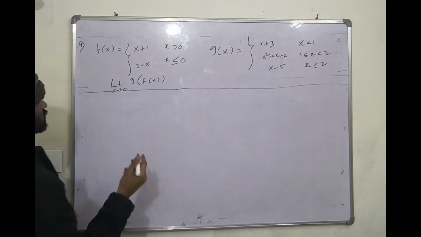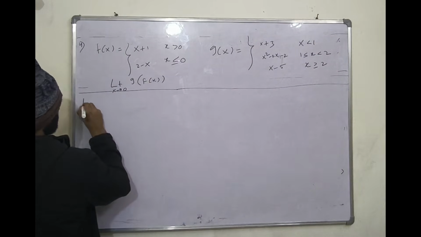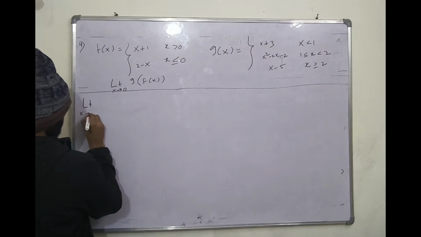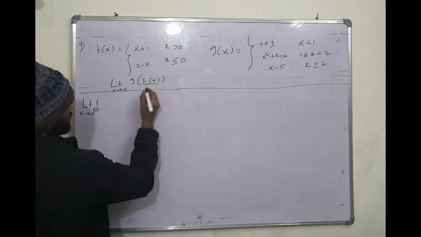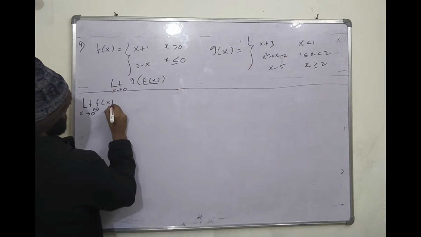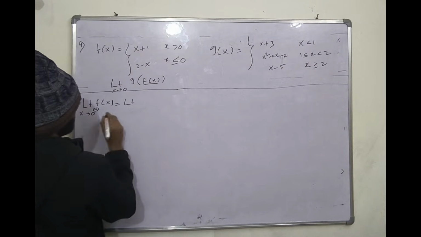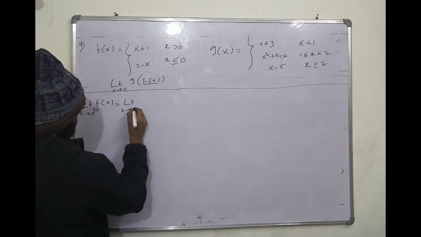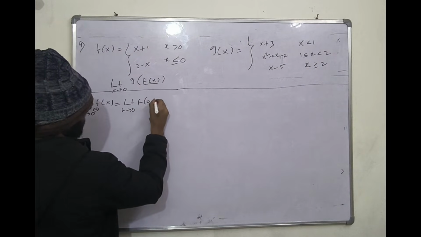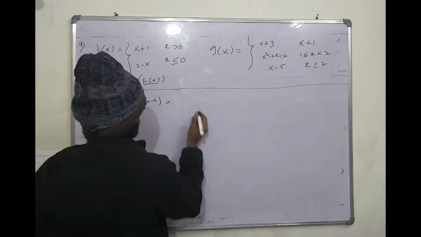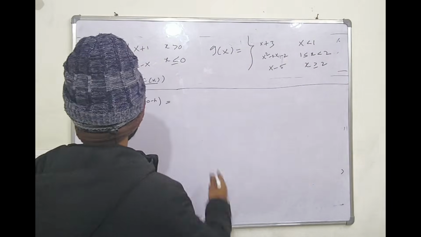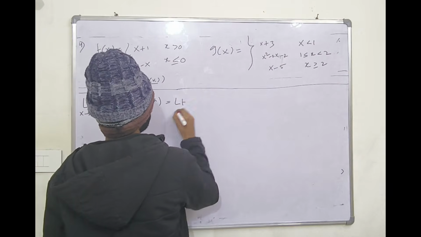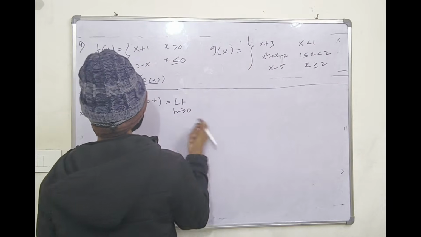So here, left hand limit x tends to 0 minus, so I said to find the inner limit first. Limit of f of x as x tends to 0 minus is, x tends to 0, f of 0 minus h, okay, good, limit h tends to 0 of f of 0 minus h.